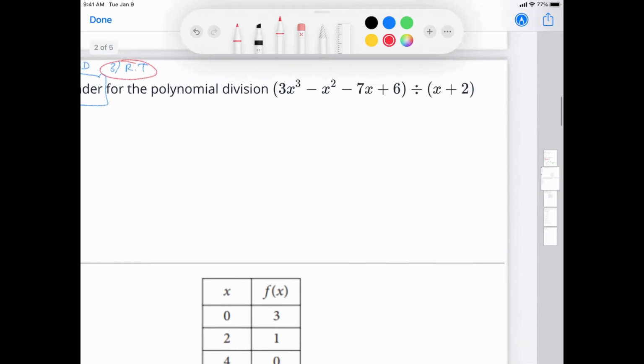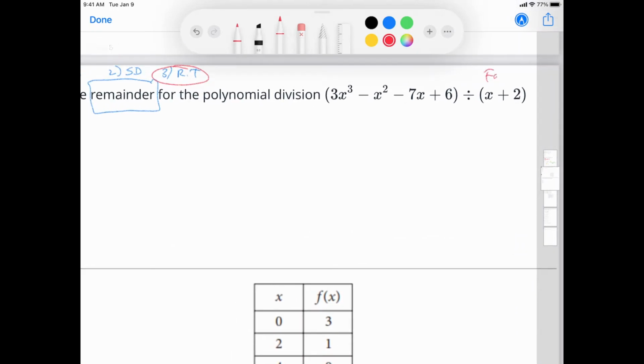I'm going to take this factor. This is a factor because it has the parentheses, and you just set it equal to 0. And what I'm doing here, x equals negative 2. This is my 0.